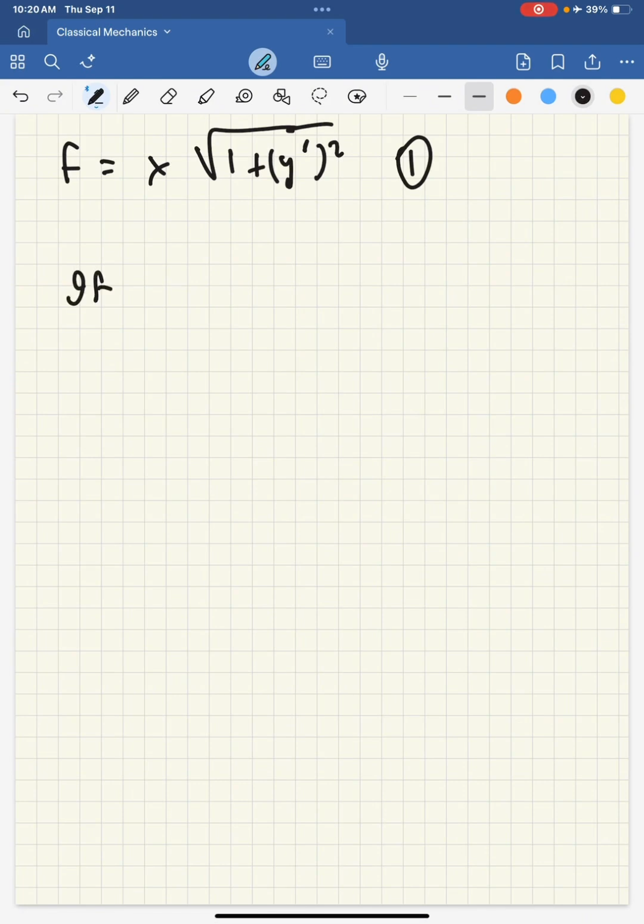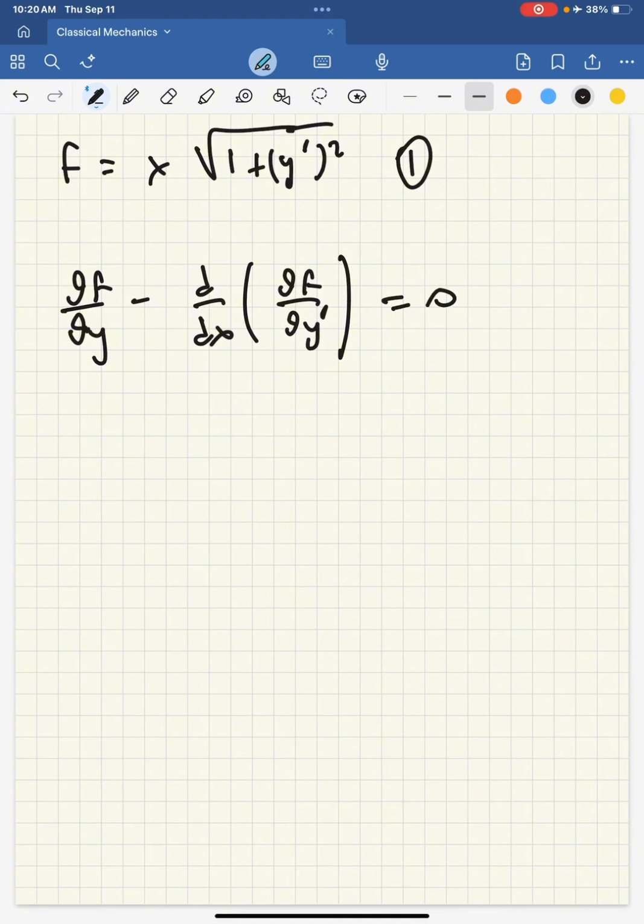So the partial with respect to y, I'm writing down the Euler equation, minus d over dx of the partial with respect to y prime should be 0, okay? So if we plug the functional into the Euler equation and solve, we will find the y that minimizes the surface in this case, okay?